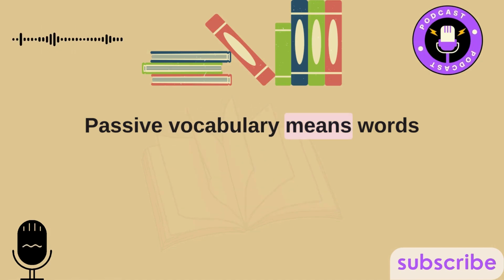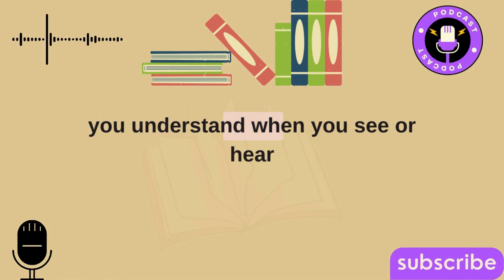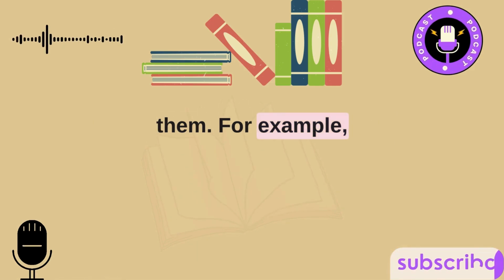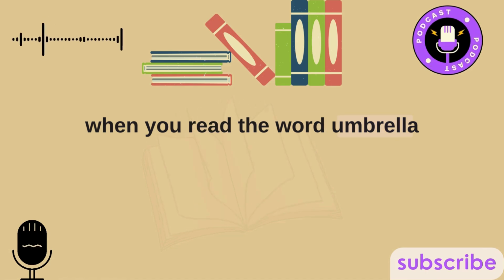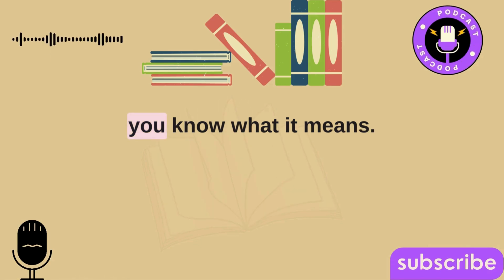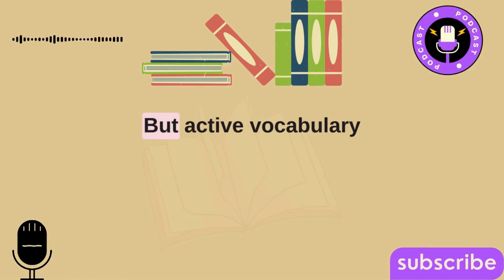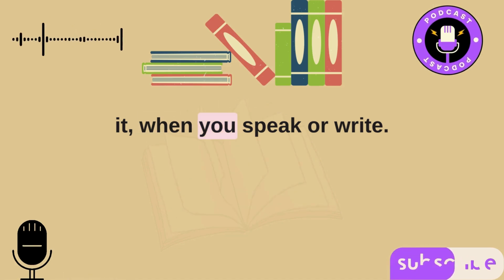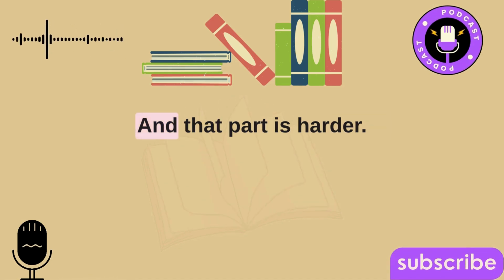Passive vocabulary means words you understand when you see or hear them. For example, when you read the word umbrella in a book or hear it in a film, you know what it means. But active vocabulary means you can use that word when you need it, when you speak or write. And that part is harder.